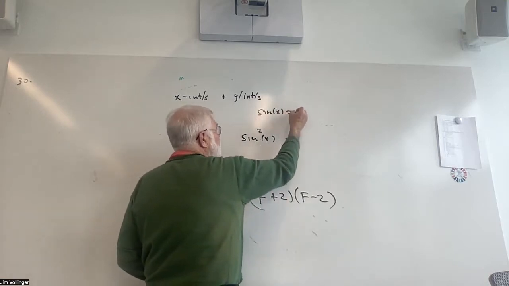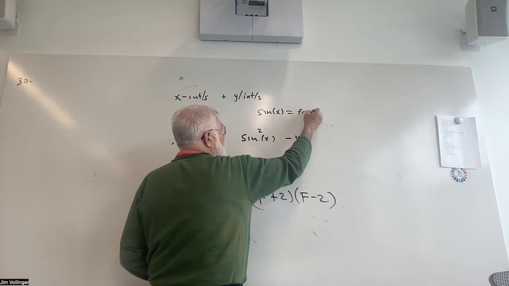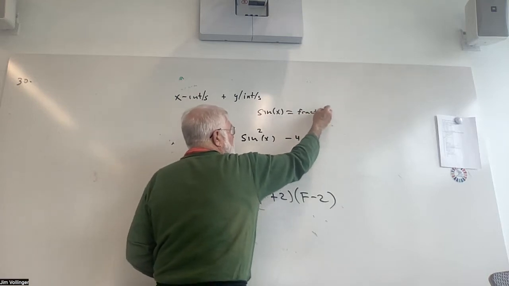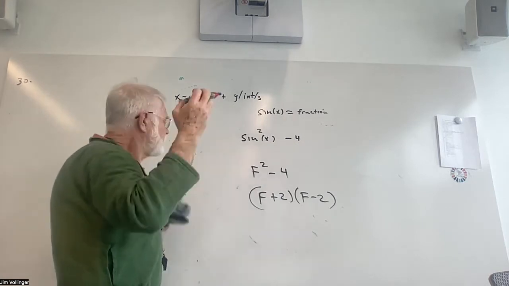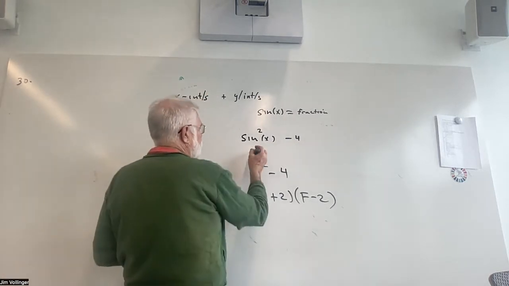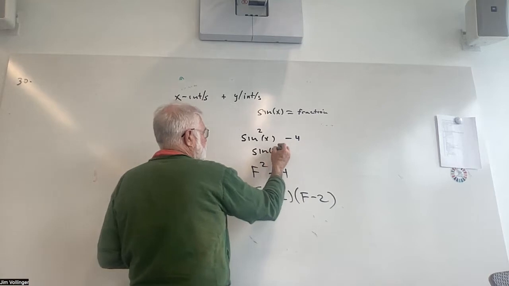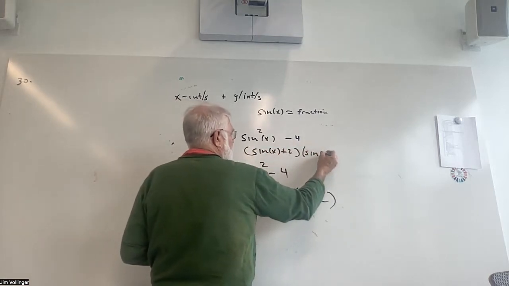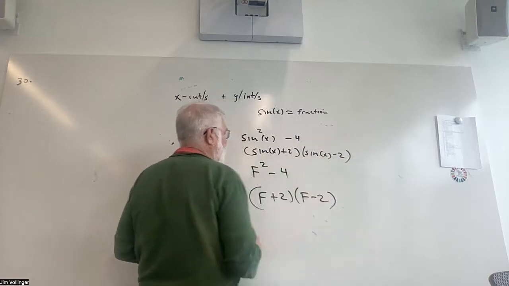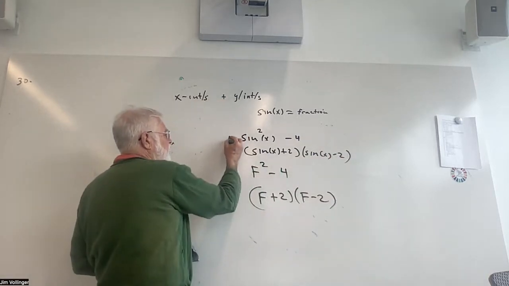The sine of x is equal to a fraction, small numbers between 1 and -1. So what do I write? Sine of x plus 2 times the sine of x minus 2. And that's the factored form.